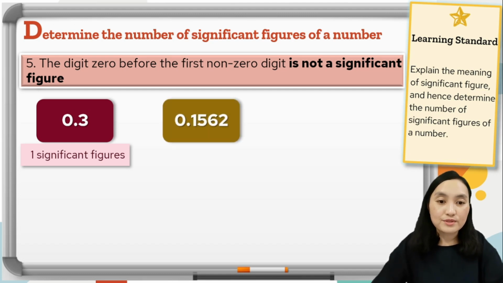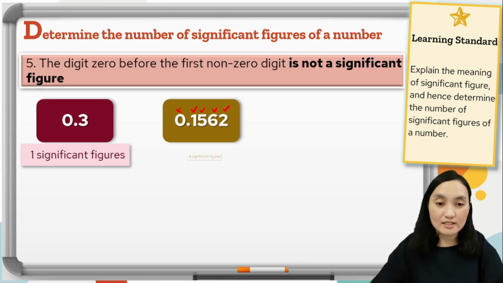Let's look at number 2. 0.1562. How many significant figures are here? We calculated 1, 2, 3, and 4. This is not calculated because this is a 0 before the first non-zero digit.